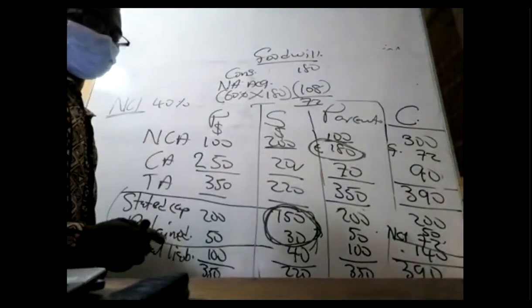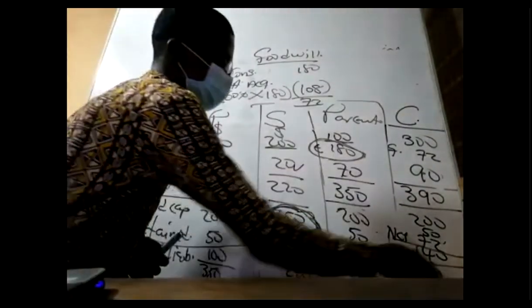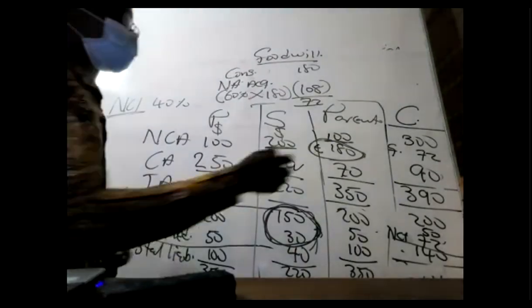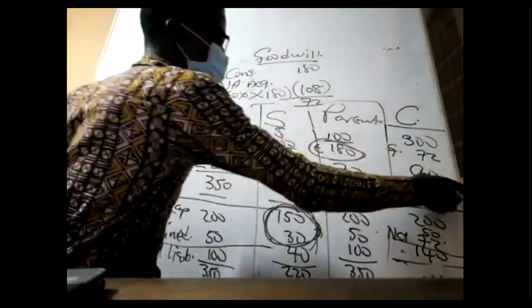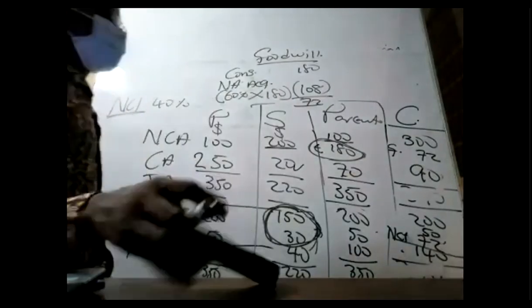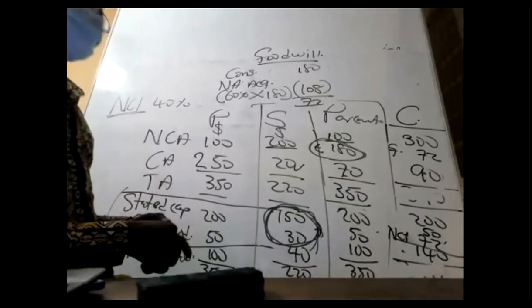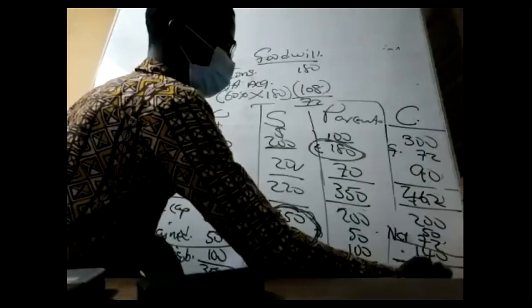So now let's look for the new balancing figure and see whether it will balance. So now it will be 300 plus 72 plus 90, and that gives us 462.